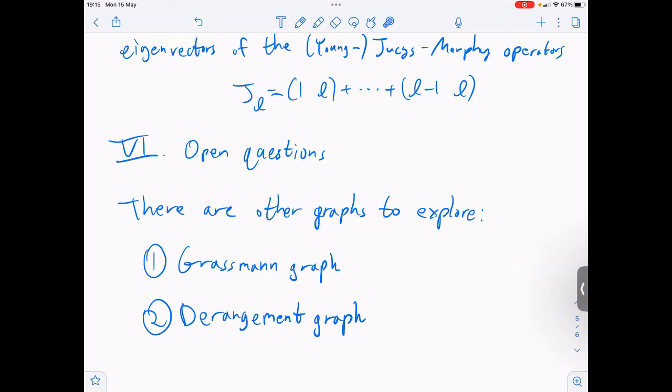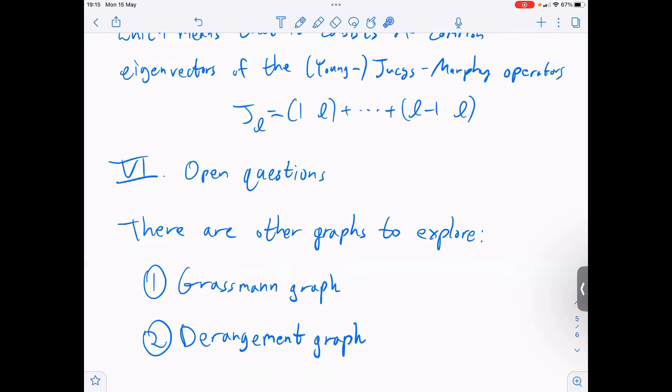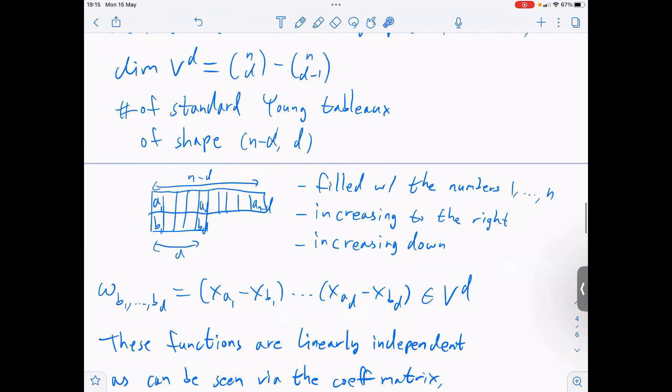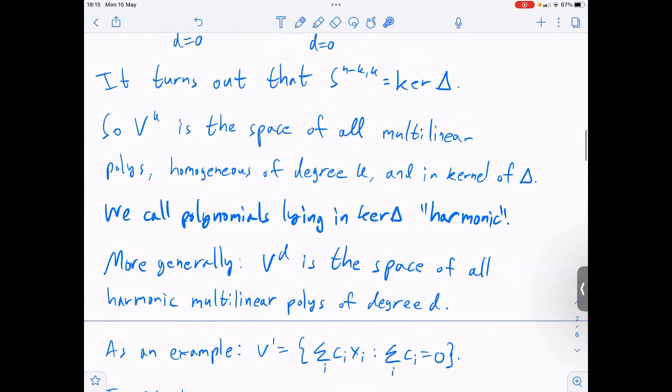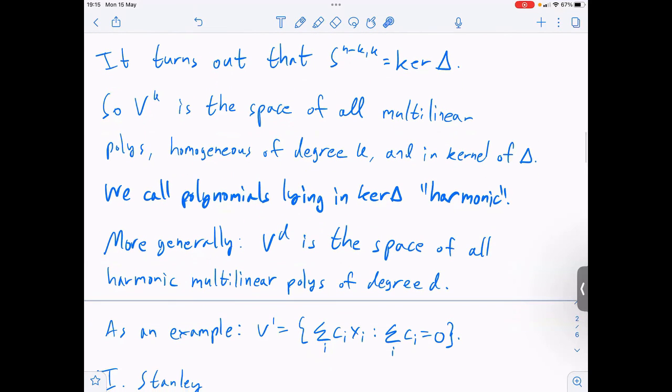So what is not known? For both of these cases, it's possible to give a description of the eigenspaces as we saw above. So here we said that V_d, the d-th eigenspace of, let's say, the Johnson graph, is the space of all harmonic multilinear polynomials of degree d.